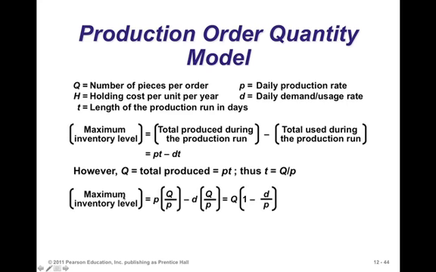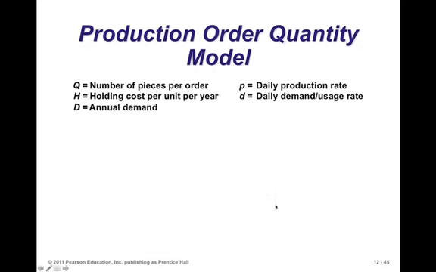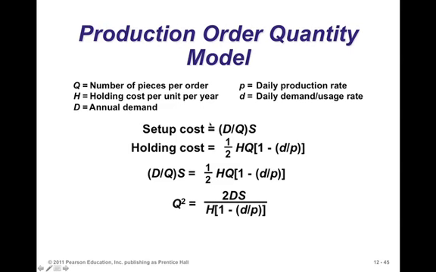In the end, without going through it step by step, there are a number of calculations that we do, and I'll explain this a bit further on. However, in the end, we end up with a model that looks like this. This is the ordering cost.